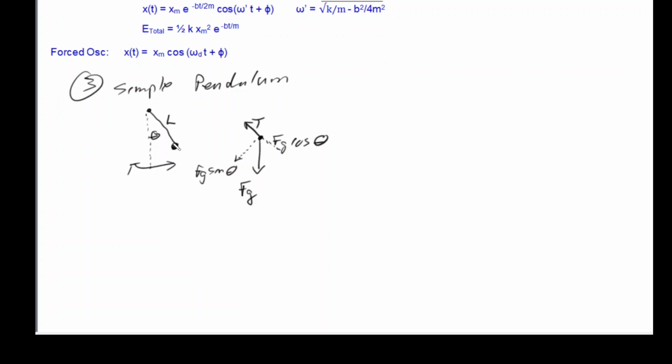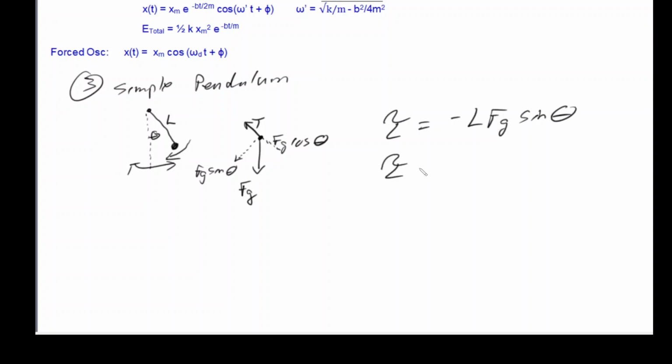So in this case, there's a restorative force trying to move the bob back to the equilibrium point. And that torque is tau equal to minus L times Fg sine theta. That's just the force times the distance. So the distance is L, and the force is Fg sine theta.